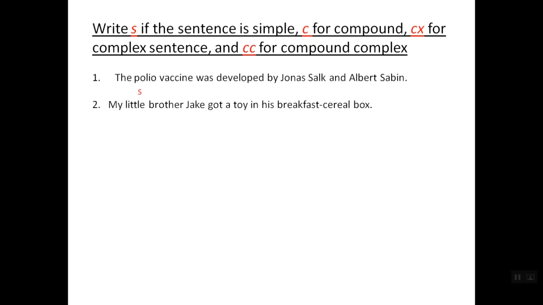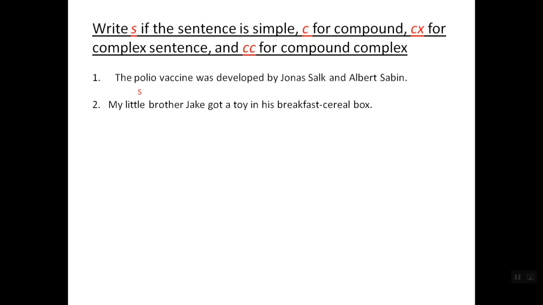Number 2. My little brother Jake got a toy in his breakfast cereal box. Okay, so where is the subject? How many subjects? Look, my little brother Jake. So this is one subject.